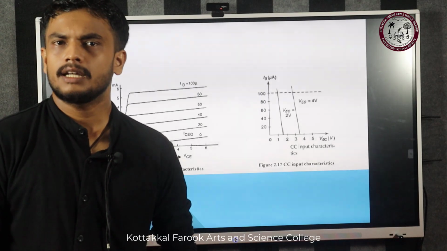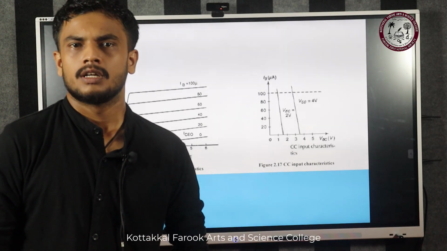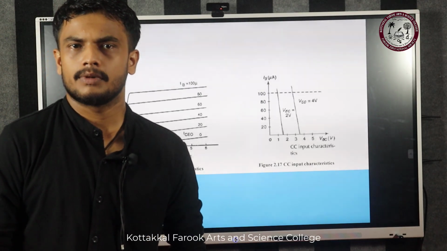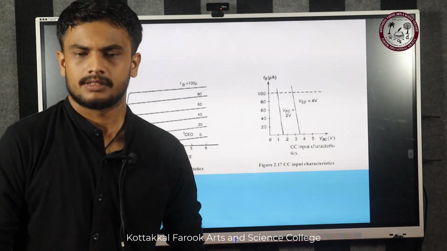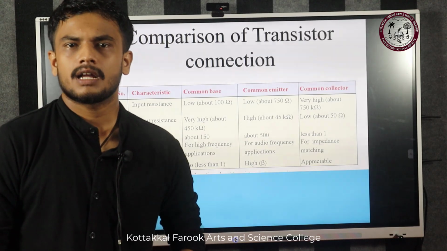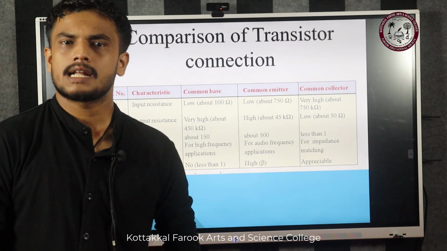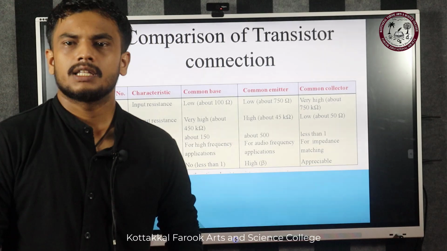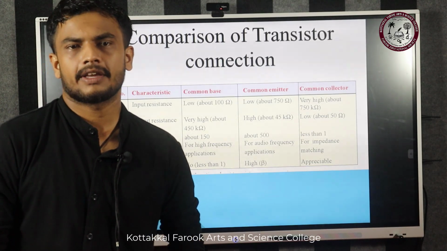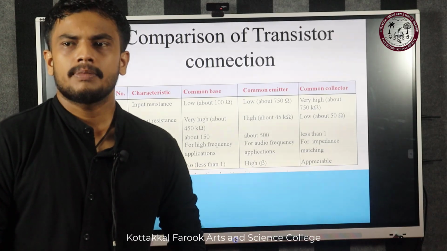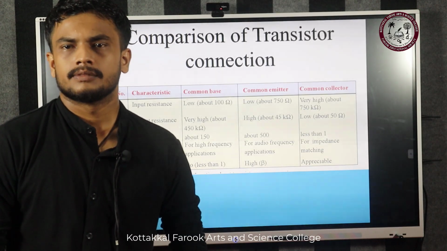These are the three configurations we commonly use with transistors: common base, common emitter and common collector. To summarize, we can compare the transistor connections by their input impedance, output impedance, gain and applications.